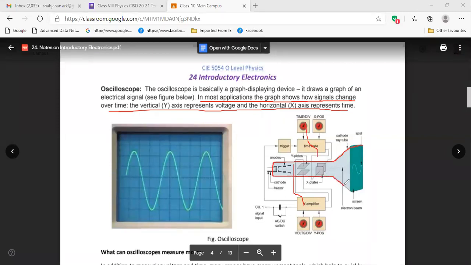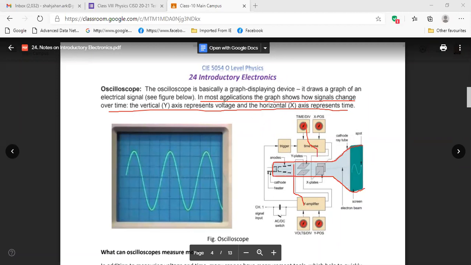After drawing this red color part, you draw only the Y plates and X plates. Then show the connection with time base for the X plates. Show the connection for the Y plates with voltage, volts per division. That's it. Other things you do not need, we already had them before.